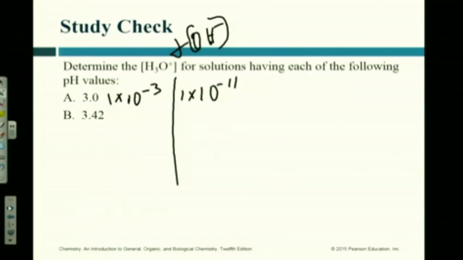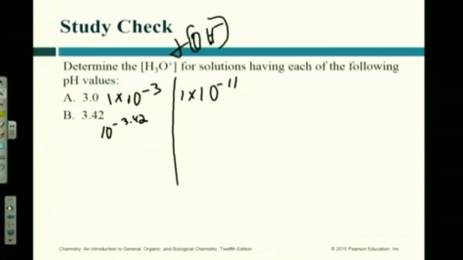Now for this one, it's 10 to the minus 3.42, right? But you can't leave it as a decimal number like this. Okay, not allowed. So who knows how to do that on your calculator? There's a button on your calculator that says 10 to the x.